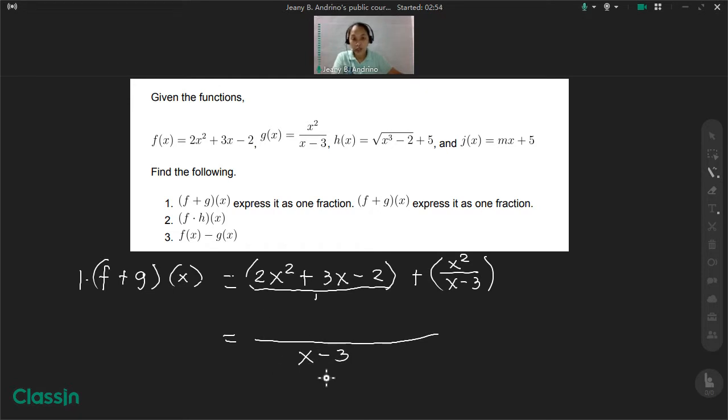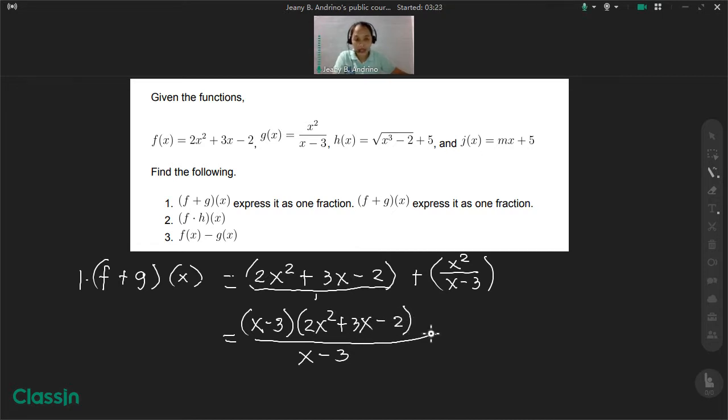So next we go for dividing your LCD by the denominator of the first function. We have 1 here, so x minus 3 divided by 1, that is x minus 3. So you just simply copy x minus 3 in here. And then, of course, you just simply copy the entire first function. We have 2x squared plus 3x minus 2.